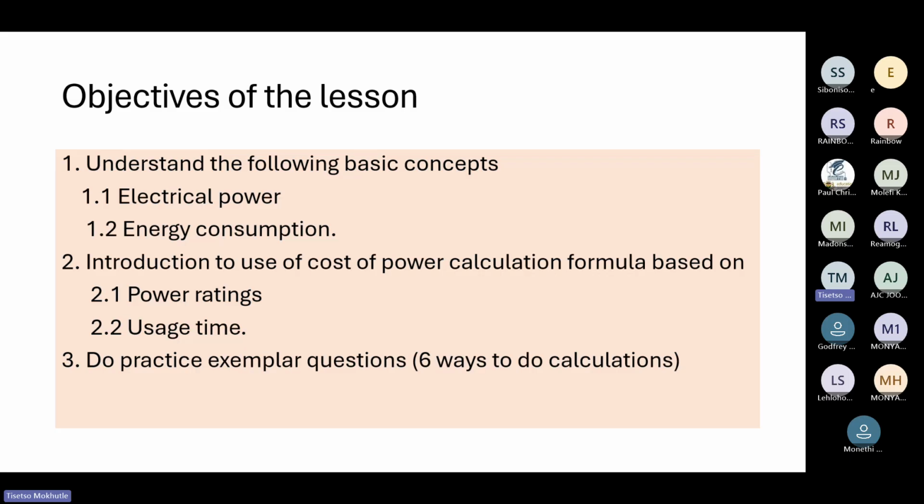And lastly, I will do more practice example questions and try to show you the 6 ways that can be used to ask the cost of consumption in your examination.